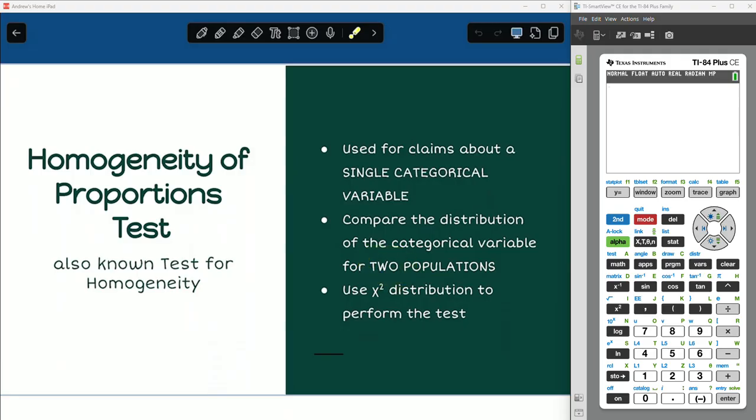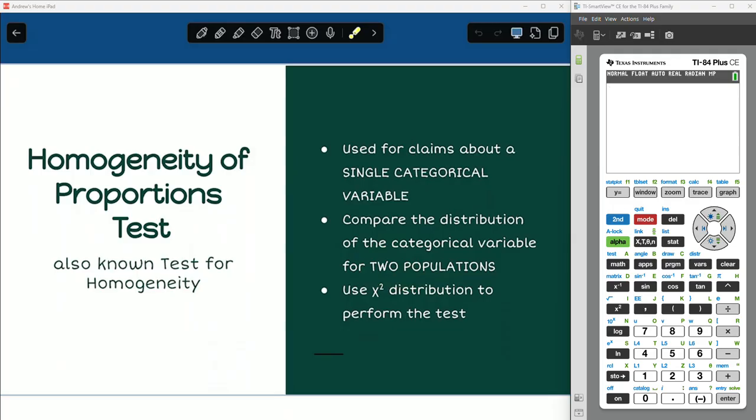So the labels along one side of our two-way table are going to be categories. The labels on the other side are going to be populations. This is sometimes easy to confuse with tests for independence because sometimes how we group our populations can look like a second categorical variable.